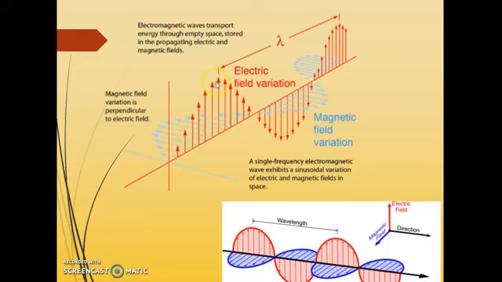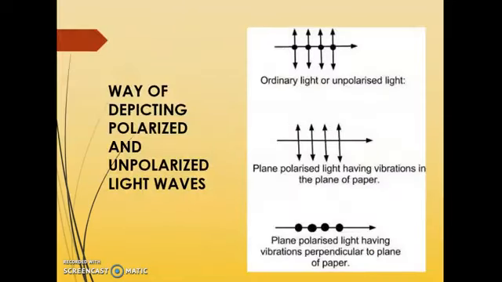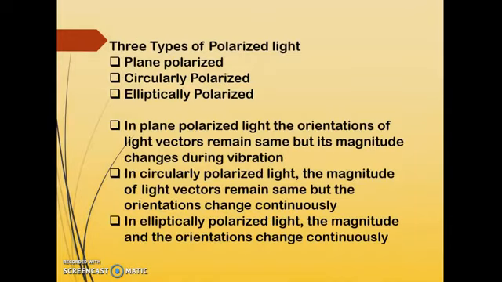The direction is the same for all of these, but what is changing? Its magnitude, right? So in plane polarized light, if I restrict only this particular direction, then the magnitude changes, but the orientation is the same. In plane polarized light, the orientation of the light vectors remains the same, but its magnitude changes during vibration.